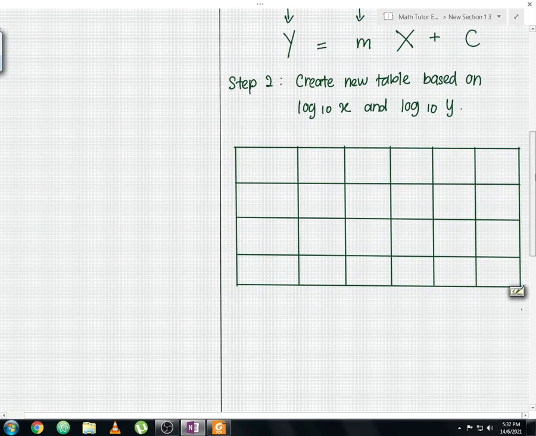Okay, we have already created the table, so let us start by entering the variables x and y first.